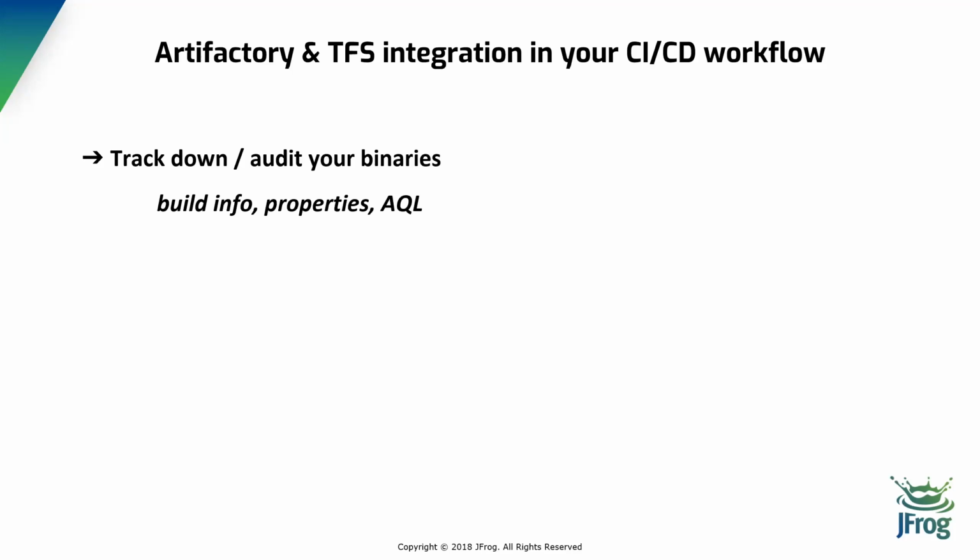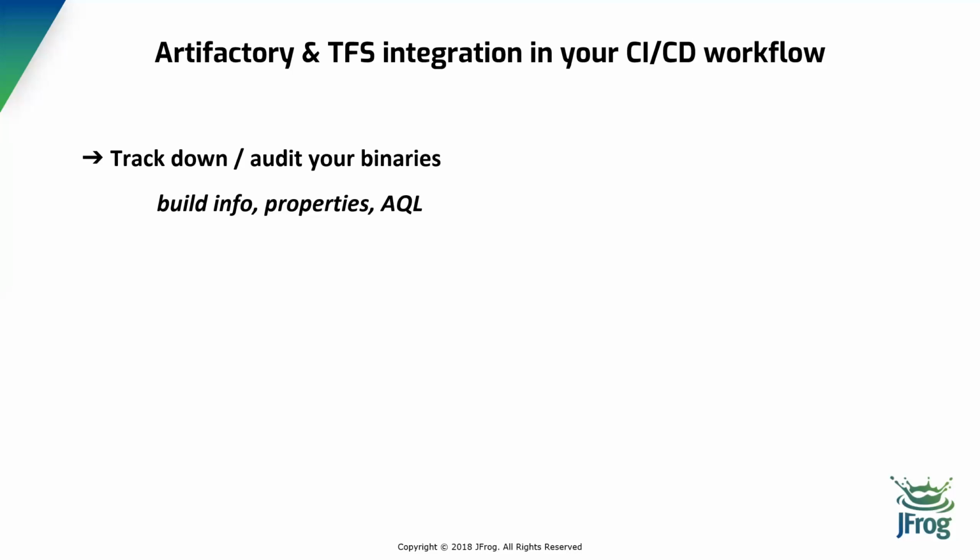Then you have the AQL. It's the Artifactory Query Language. It's similar to SQL, but for Artifactory. The AQL is the query language that you would use to track down your binaries, to get information from your binaries.